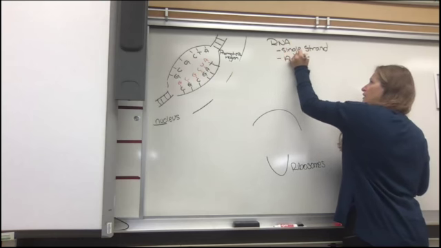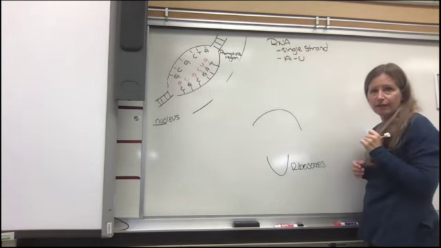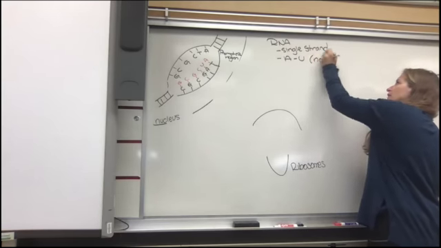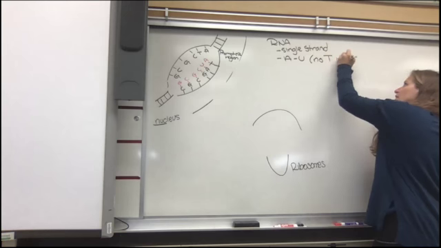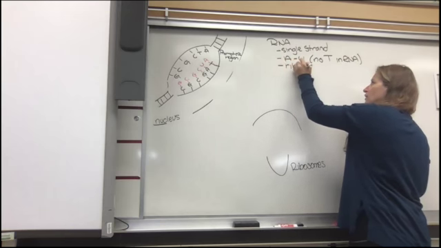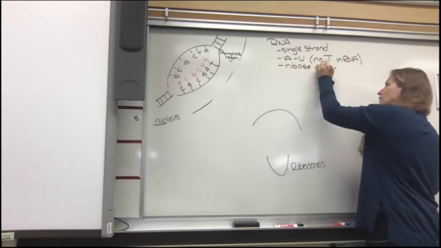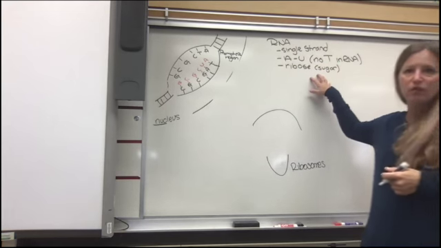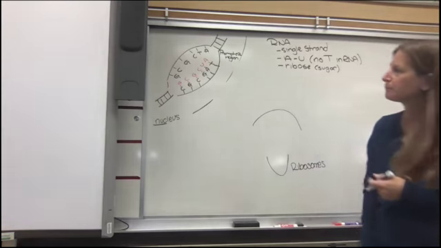A bonds to U instead of A to T. No T's in RNA. And we have ribose as the sugar. Those are the 3 differences between DNA and RNA.